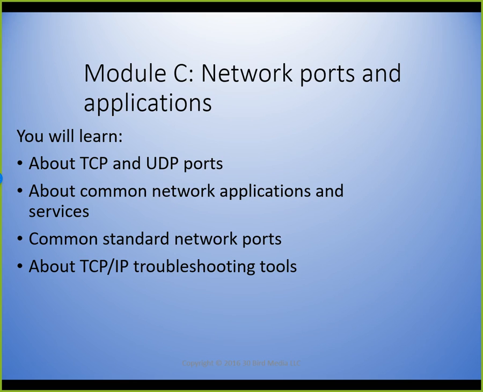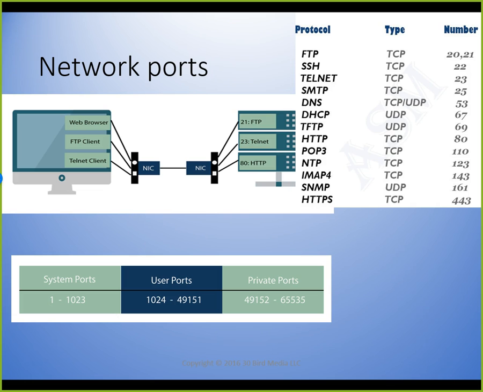So, we're going to talk about TCP and UDP ports, common network applications and services, common standard network ports, and then some TCP/IP troubleshooting tools, things that you may have used already. But network ports here: web browsers, FTP, Telnet clients.